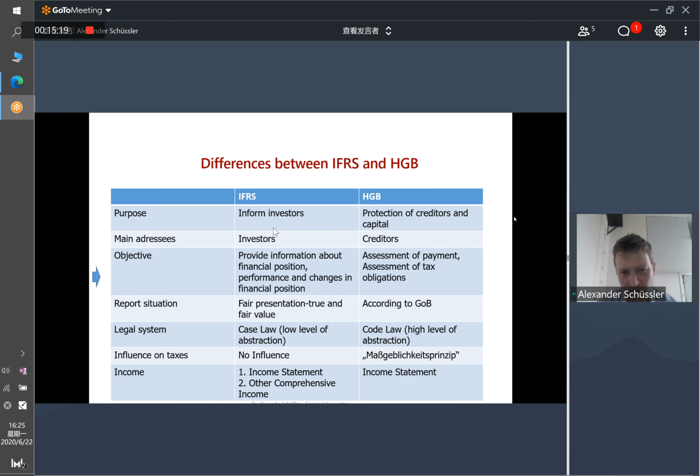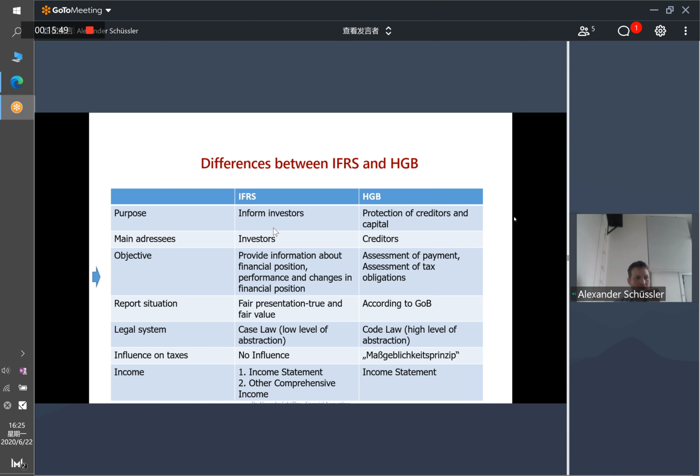And objective of IFRS: provide information about financial position, performance, and changes in financial position. In HGB, it's more about the assessment of payment, assessment of tax obligation. The report situation in IFRS, we want really to report the true and fair value.